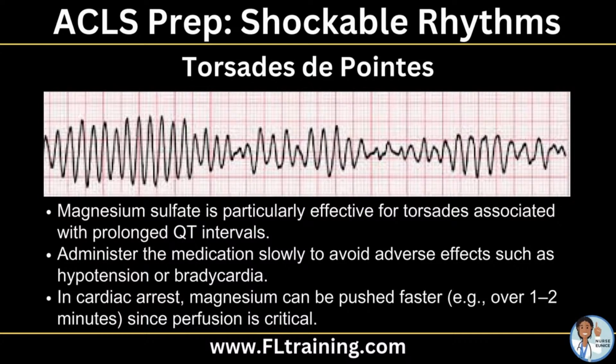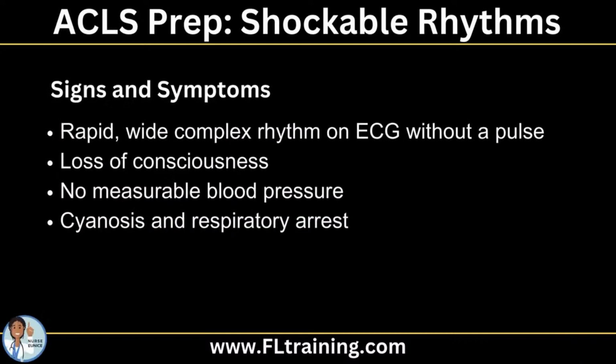You want to administer that medication slowly when it's not in a code situation. But if this person is actually in cardiac arrest, you can push the medication a bit faster, over 1 to 2 minutes, since perfusion is critical, getting the heart restored so that the heart can now circulate the organs on its own and you can stop your chest compressions.